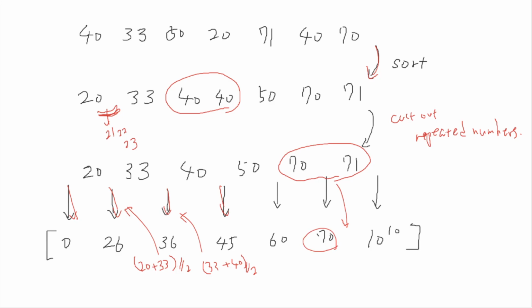So in this case, I adopt 70.5 instead of 70. So finally, we get all the borders here. So all we have to do is try them one by one.